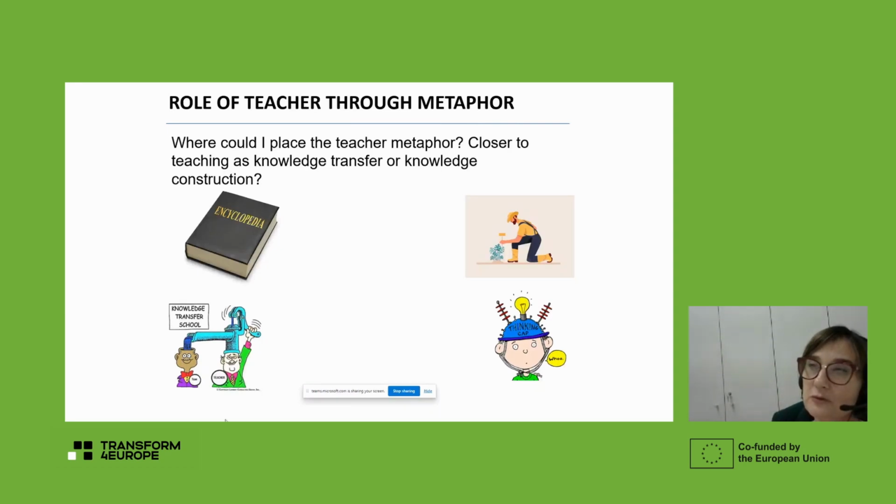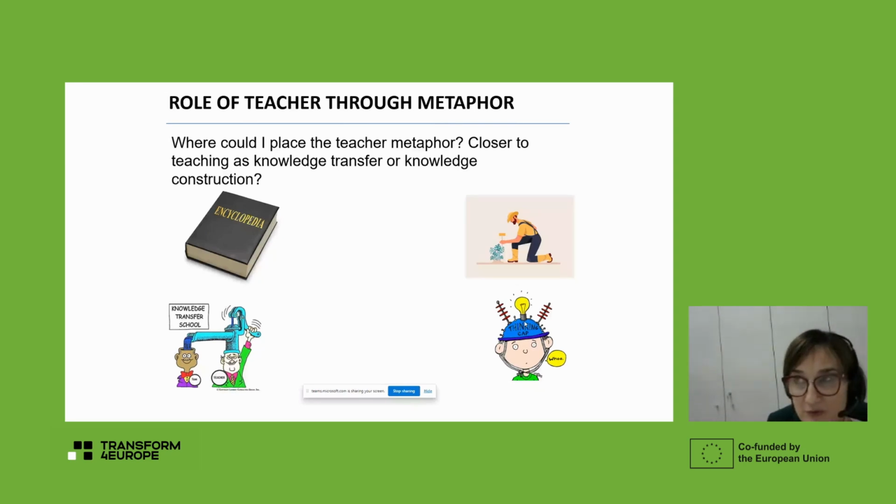So what does a bee do which makes it similar to teaching? The bees go around and collect and make honey, so make something. Maybe closer to the gardener. I might put the bee closer to here, but it's an important part of using metaphors as reflective tools to make sense of the metaphor for yourself, not somebody else doing it for you. That's an important thing.